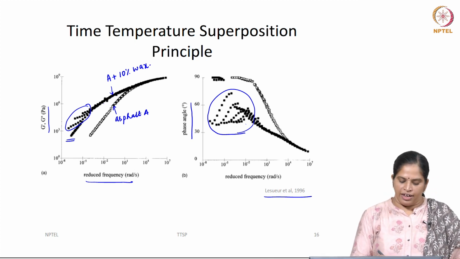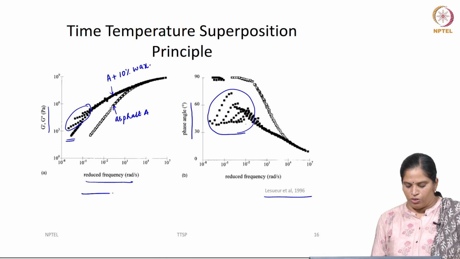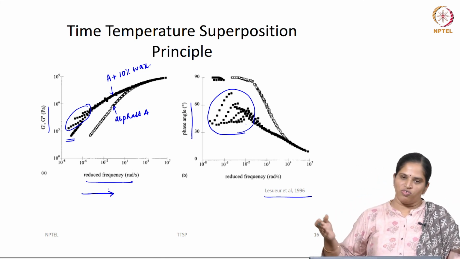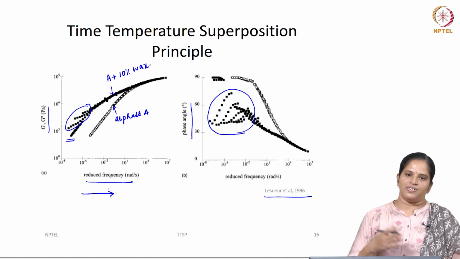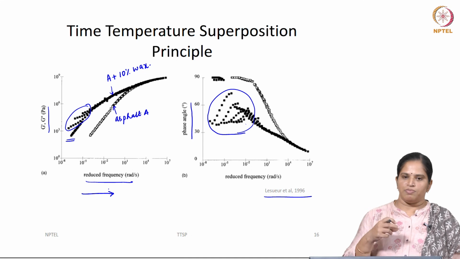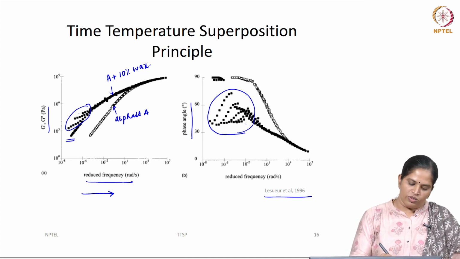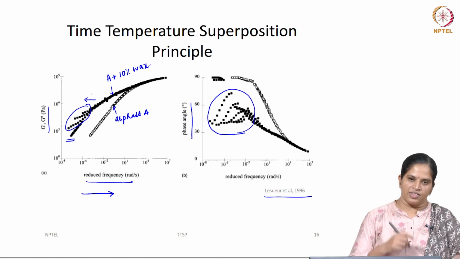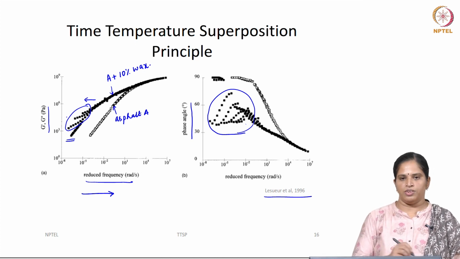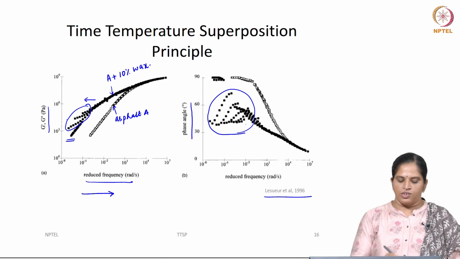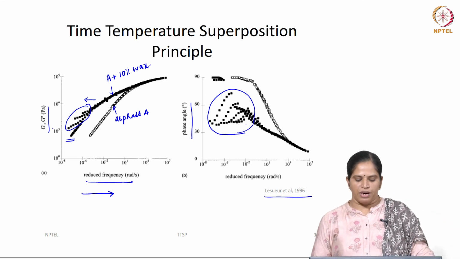As the temperature increases from low to high, we know that the wax melts, and when you move from high to low temperature, crystallization happens. In the presence of wax, the material may crystallize, and as it crystallizes, there is a change in the internal structure of the material.